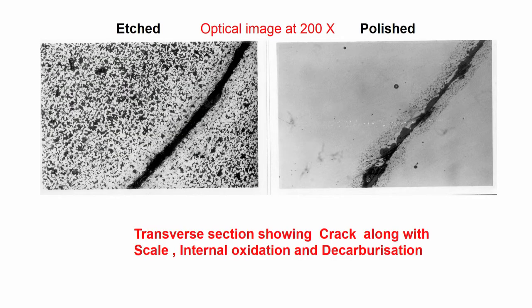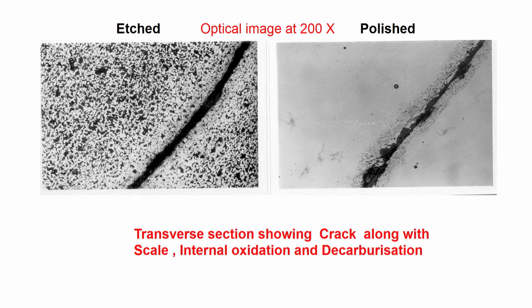Let us go to another example. Here what I am showing is, on the left is an etched sample, and on the right is the same sample before etching, under polished condition. I had mentioned that while you are doing metallurgical investigation, sometimes you have to do both polishing and etching.